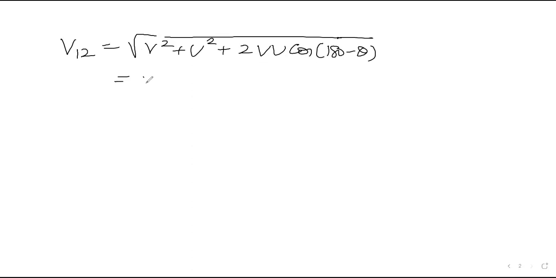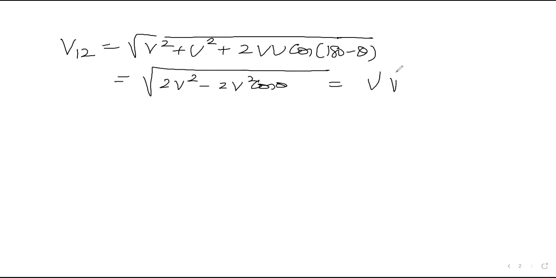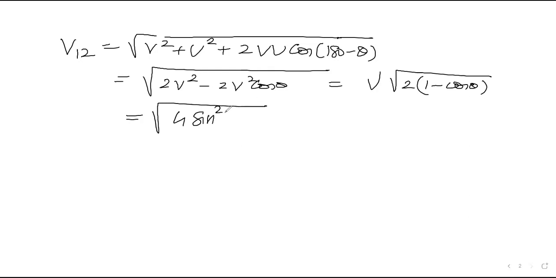Cos of 180 minus theta is minus cos theta. So 2v squared minus 2v squared cos theta, which is v squared times 2 into 1 minus cos theta. 1 minus cos theta is 2 sine squared theta by 2, so 4 sine squared theta by 2, which gives 2v sine theta by 2.